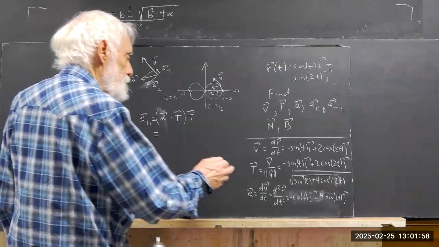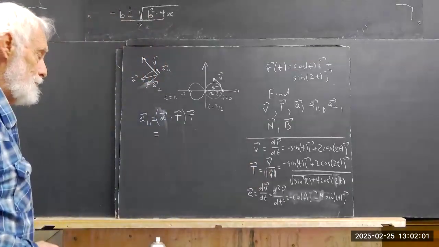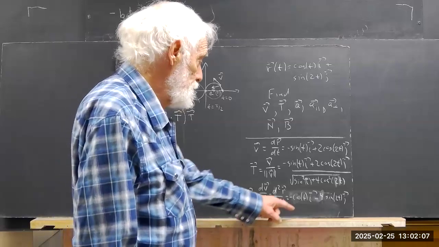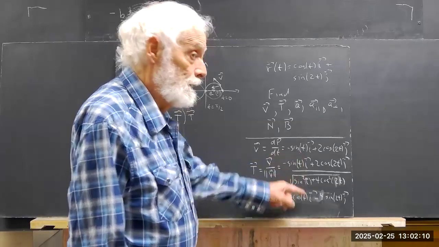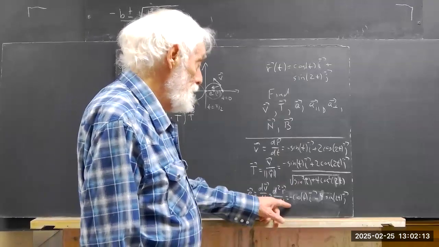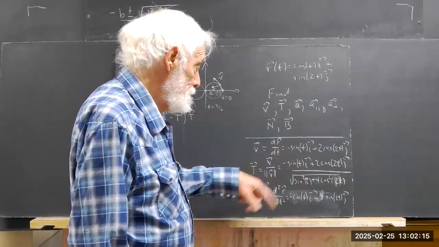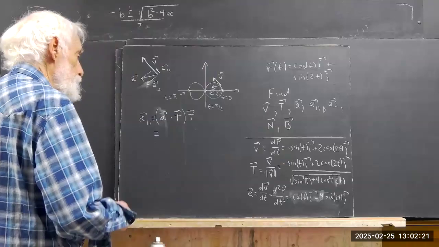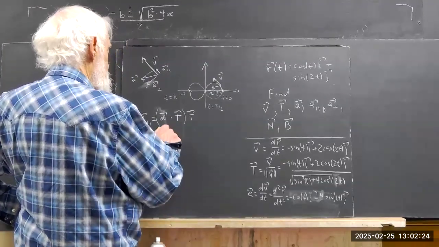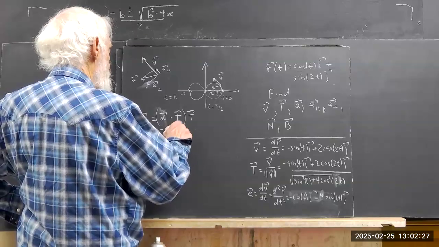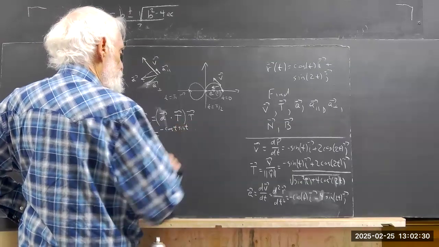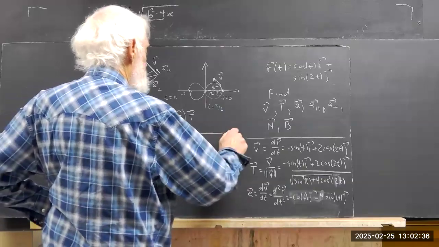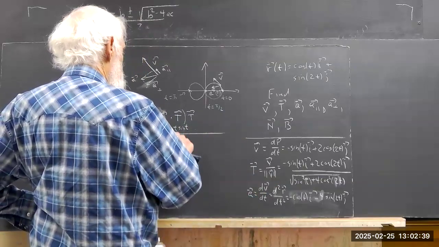In this case, A dot T, I'm not going to write out the details. A dot T is negative cosine of t times this. It's a dot product, this with this. I'm just going to write the denominator because it goes along with the whole thing.